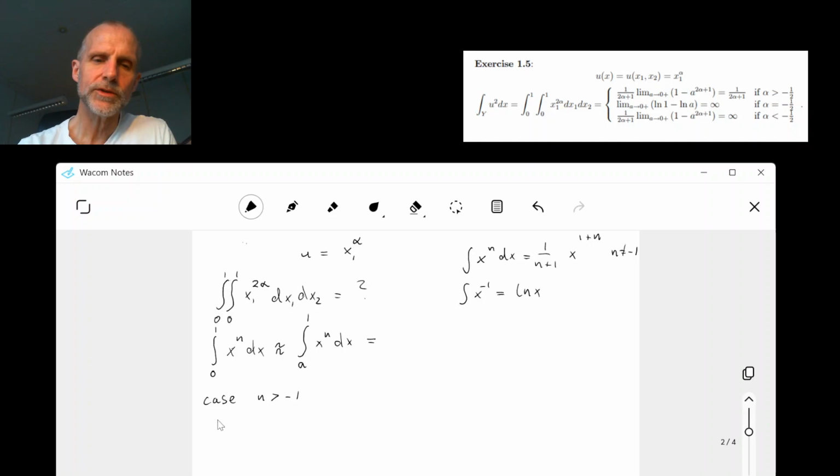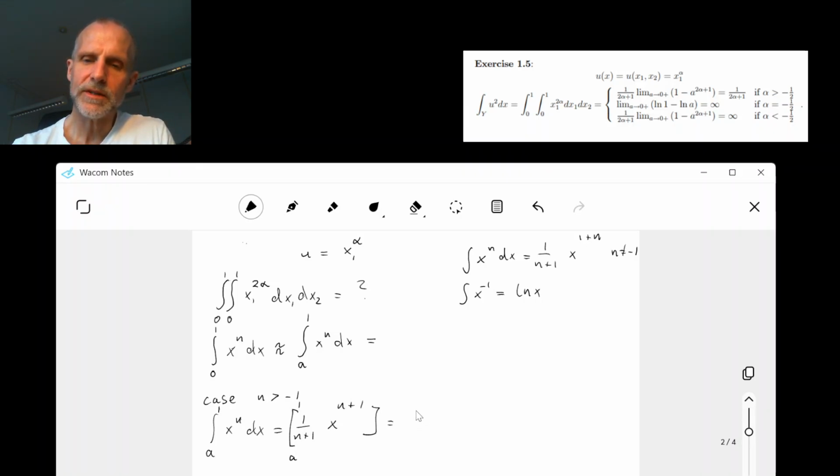This integral just turns out to be equal to 1 over n plus 1 x to the power n plus 1, and we're taking the limits from a to 1.